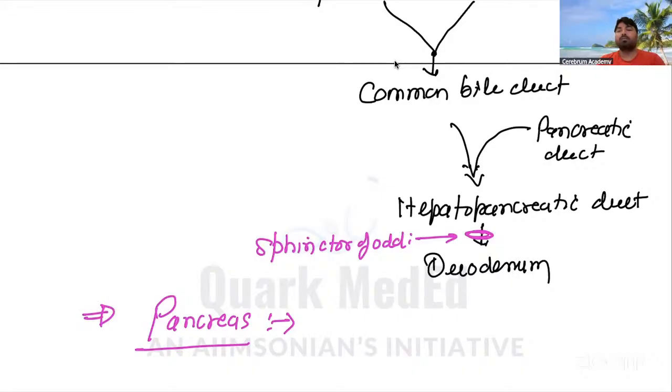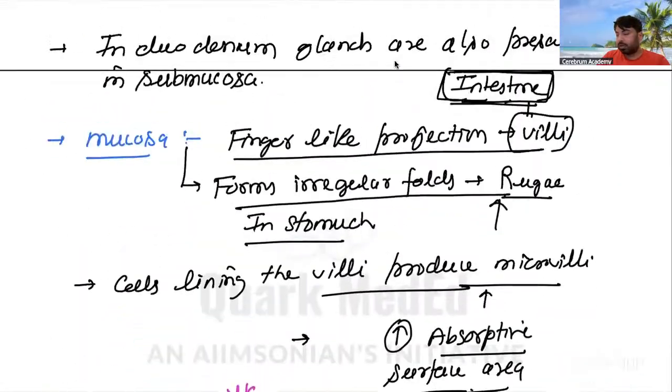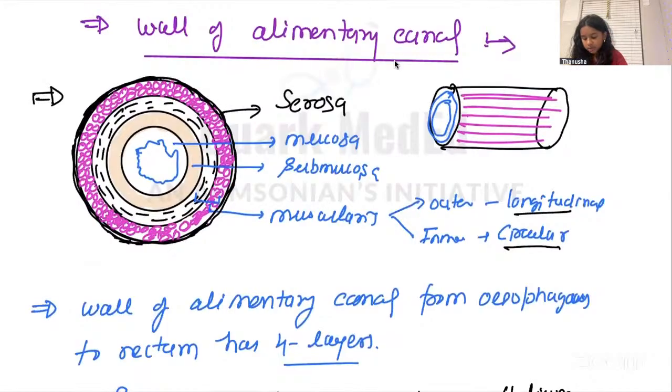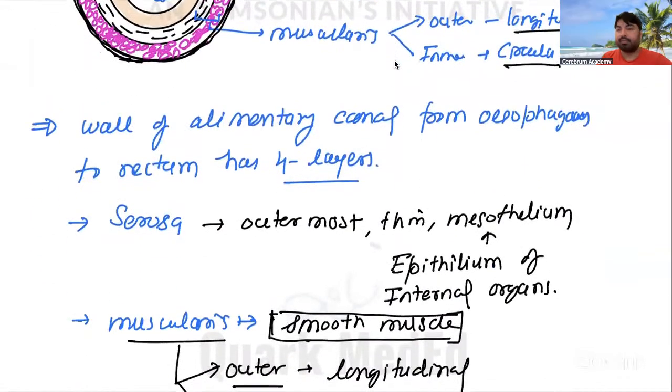Then the next one is muscularis. The outer part is longitudinal, and the inner part is circular. And then there's an oblique muscle layer, which is present in the stomach.